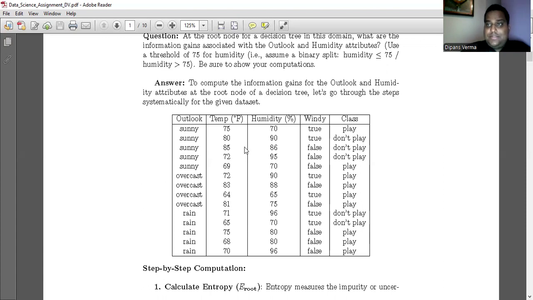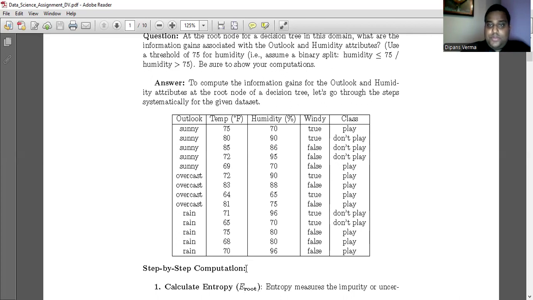We will analyze these things. In humidity you can see the variation like 70, 90, 86, 95, 96, 70, 80. For windy we have true and false, and we have the class: play, don't play.